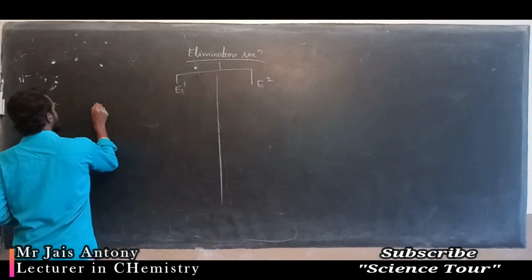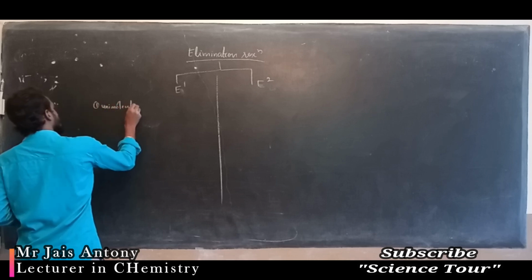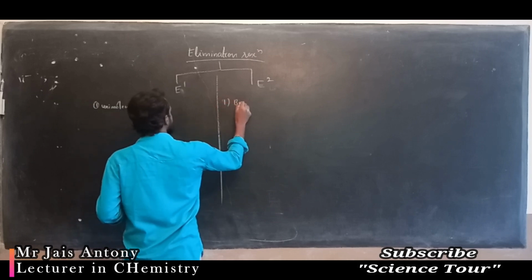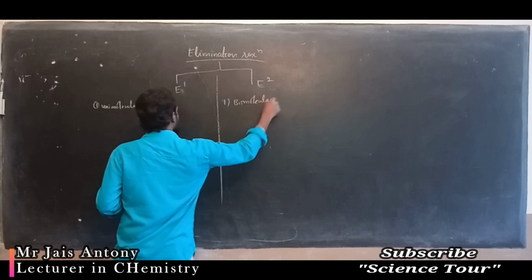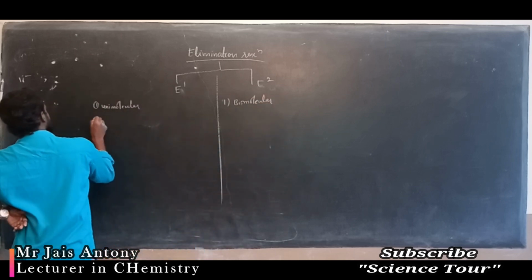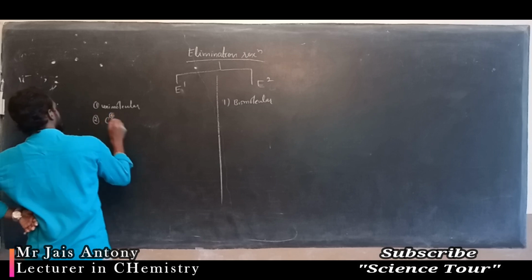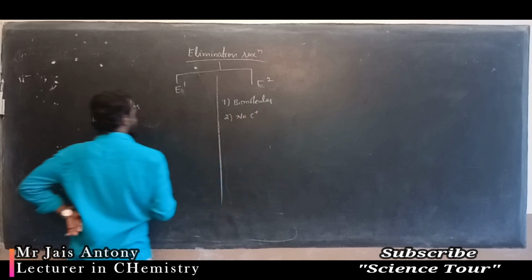E1 is unimolecular, E2 is bimolecular. Bi means two molecules. In E1, carbocation formation takes place. Here in E2, no carbocation. Correct?